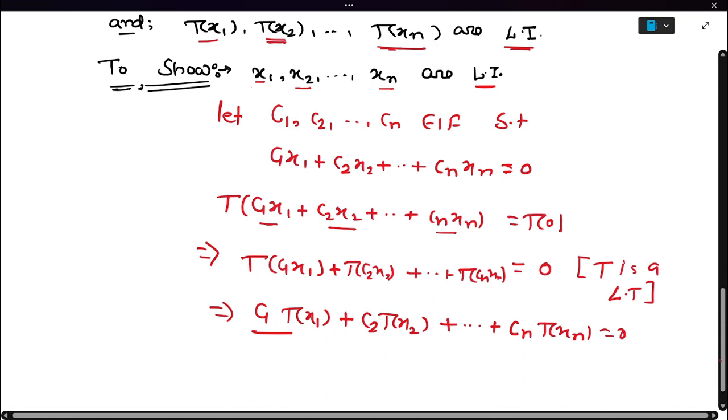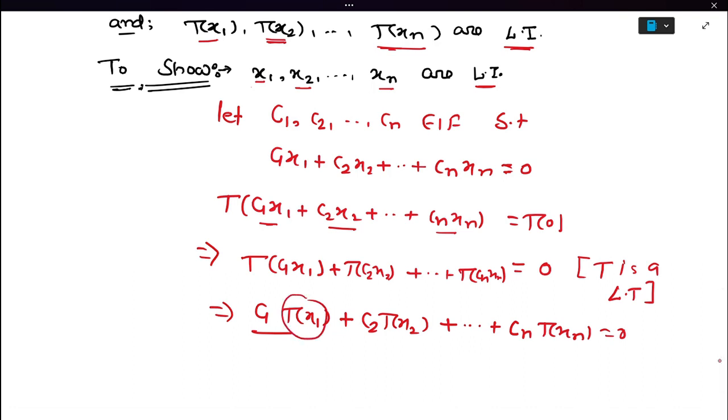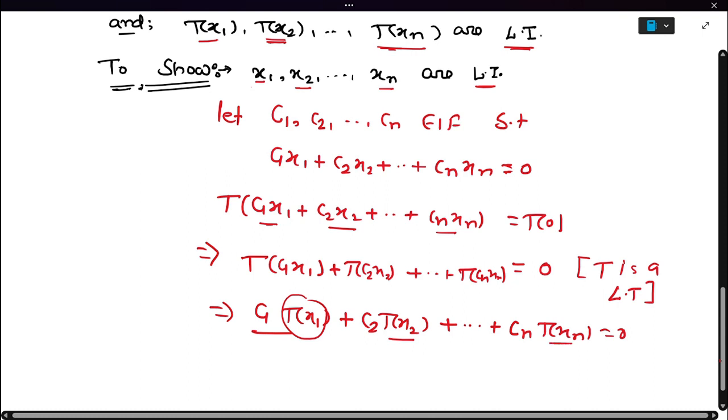Now we are given that T of x1, T of x2, T of xn are linearly independent. What does this mean? It means c1 equals 0, c2 equals 0, dot cn equals 0.